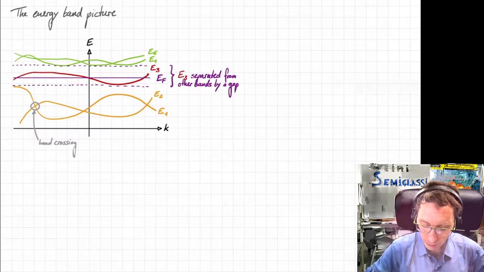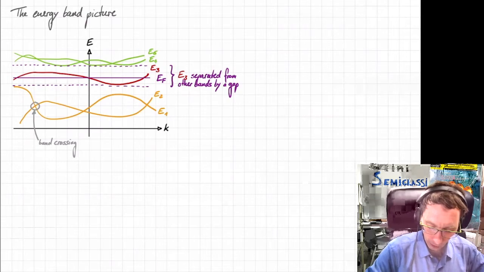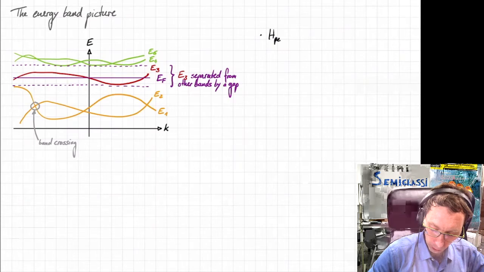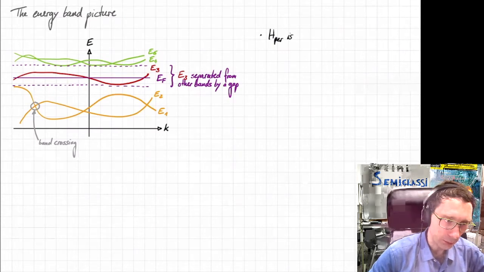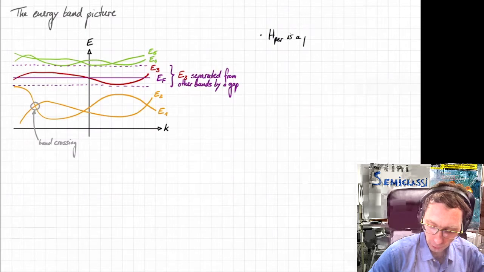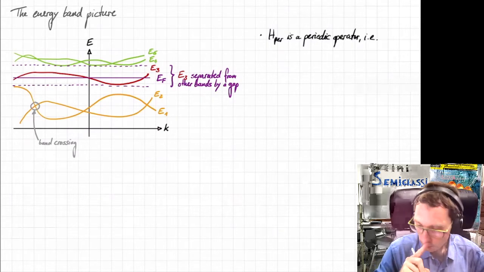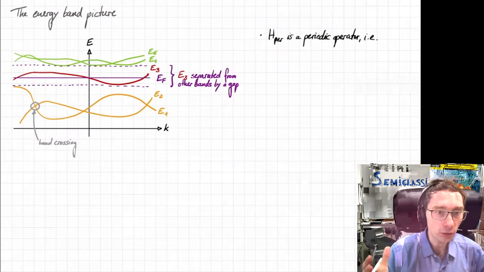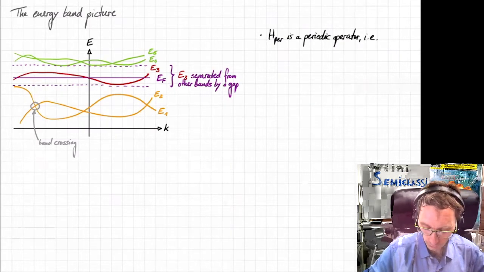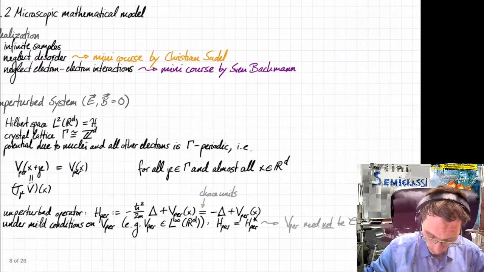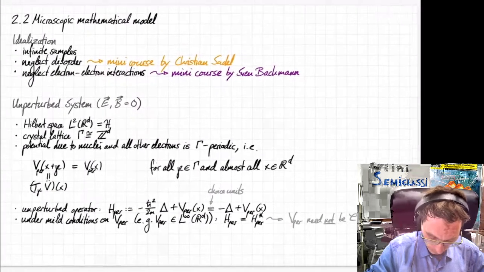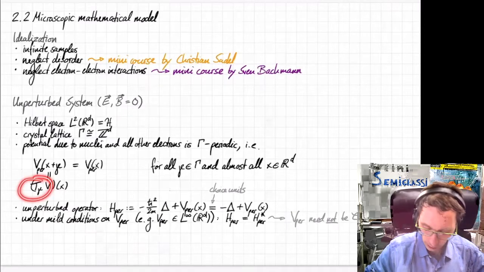So let me begin by just noting that H periodic is, as the name suggests, a periodic operator. That is, if we remember the definition of the lattice translations on the previous slide, these were the lattice translations T gamma.